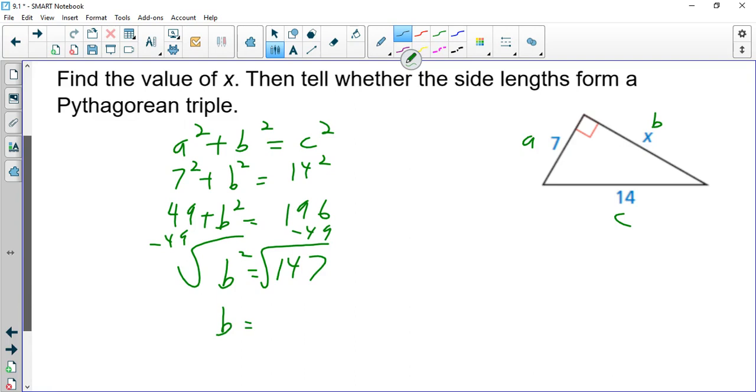You can approximate the answer and say the square root of 147 is 12.12. You're going to hear us ask for the exact answer. That's not an exact answer because it's actually 12.124355565. That's a rounded answer. So when you leave it in radical form, that's actually the exact answer.